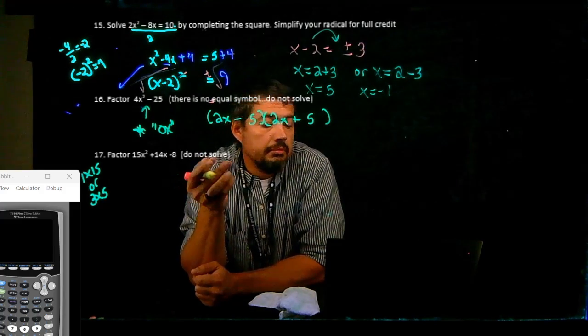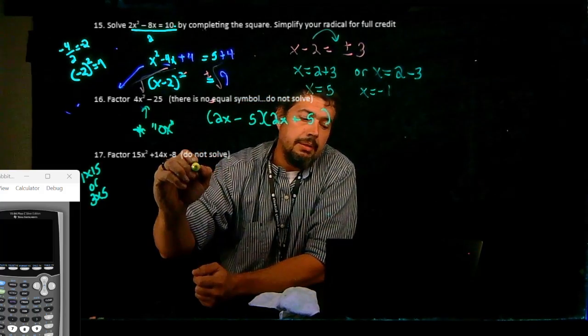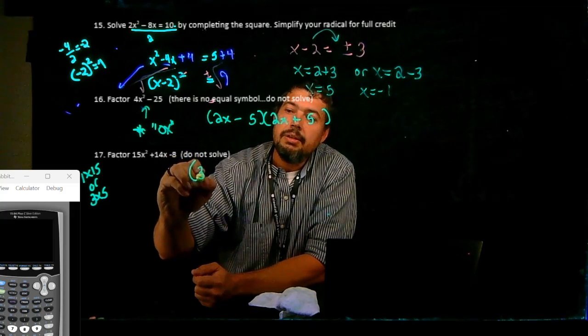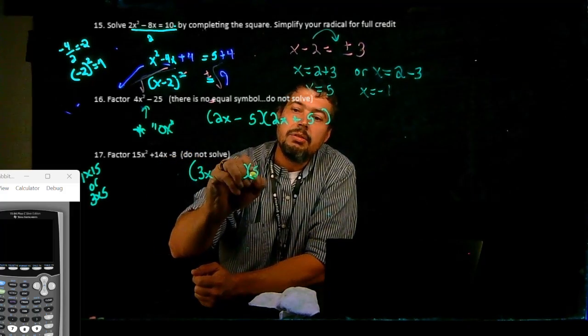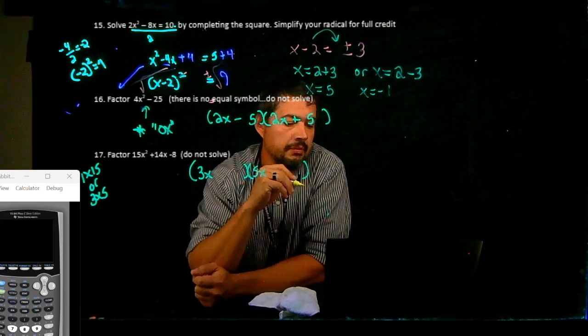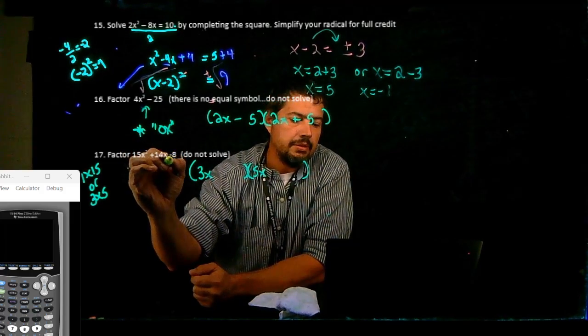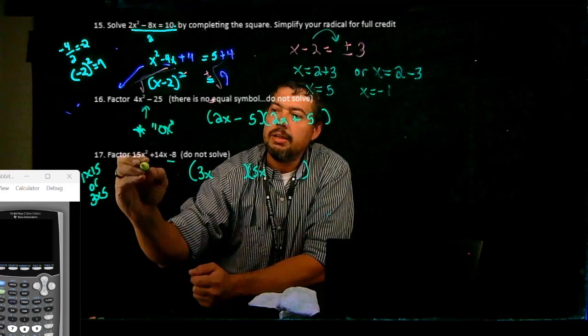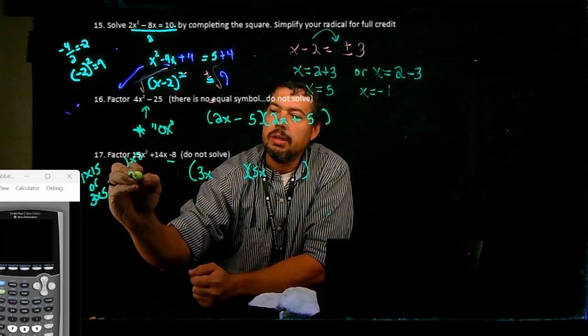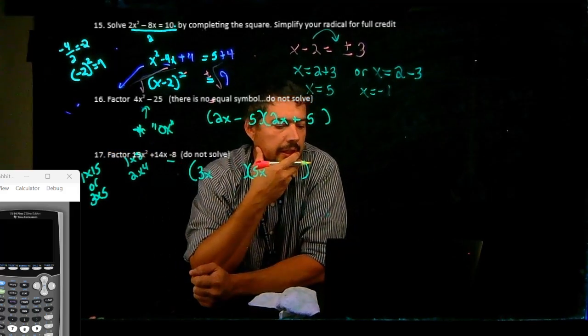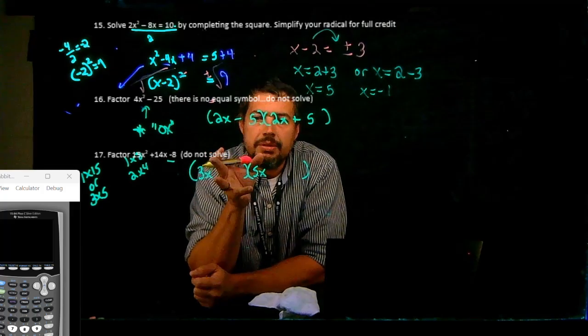That's what I do. So I'm going to suggest that it's probably going to take a 3x and a 5x to create your 15x squared. And now what I'm going to do is focus on the factors of 8. I could be 1 times 8, or I could be 2 times 4. Now whatever I do, I want to add to 14.